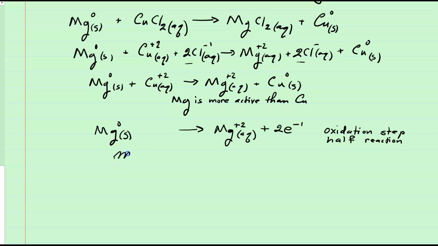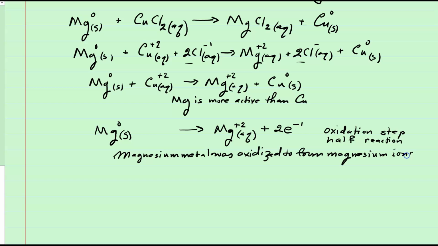So magnesium metal is oxidized to form magnesium ions.